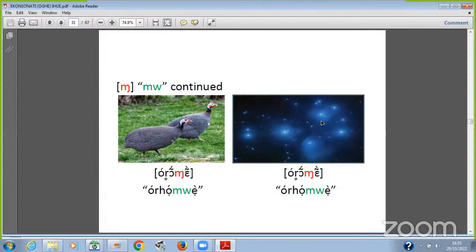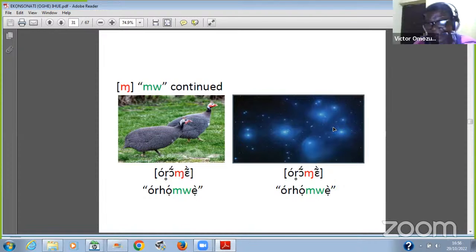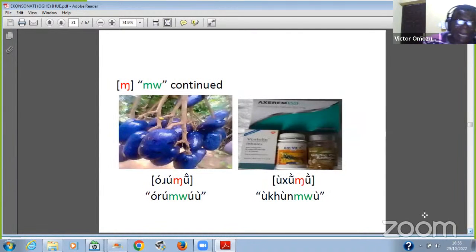As you have it there, Orome Atieva, Orome. And then you have the V in Olumu. You have it there, Uhumu. That's medicine in English. Olumu is pear, as you have it there.